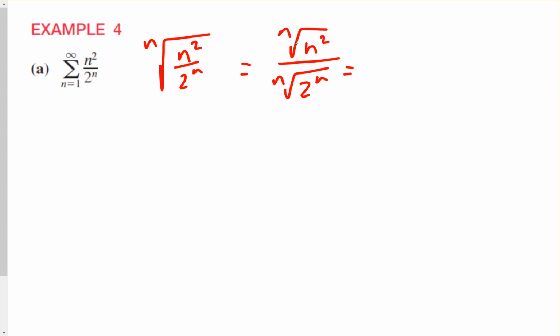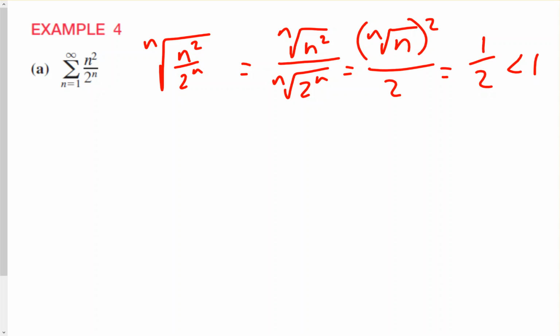Another way we could look at the top, this would be the nth root of n, squared. The bottom would be 2. And now we know from our previous example, the limit as n goes to infinity of the nth root of n just becomes 1. So this is 1/2. And 1/2 is less than 1, so therefore this would converge by the root test.